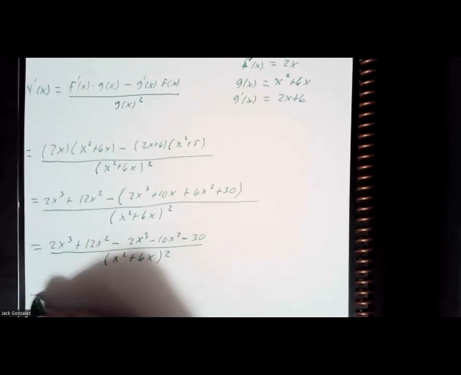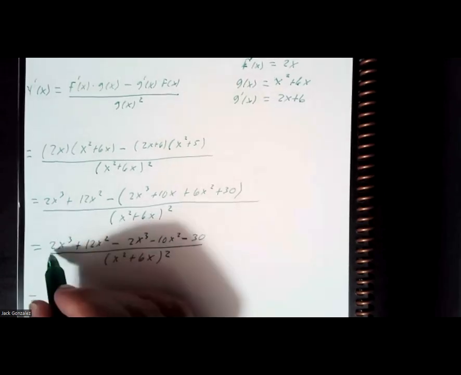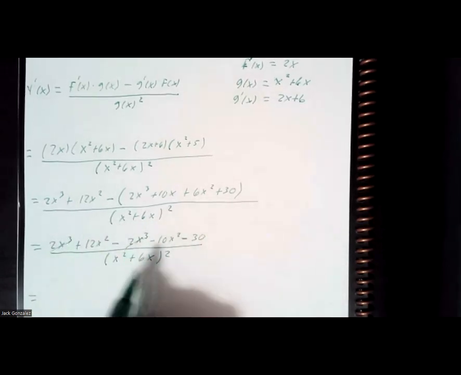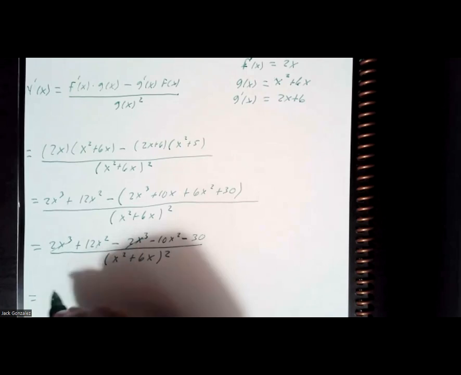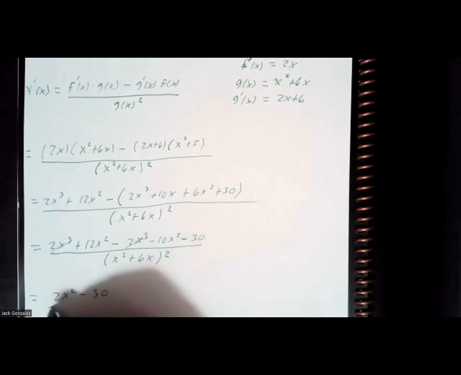All right, combine like terms and we're done. These are gone. 12 minus 10 is 2, minus 30. Cool.